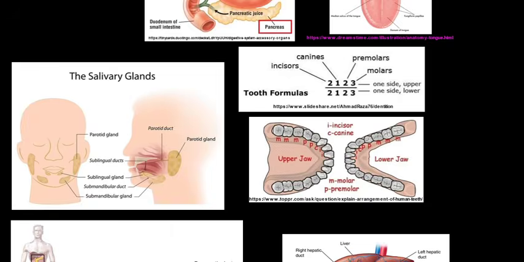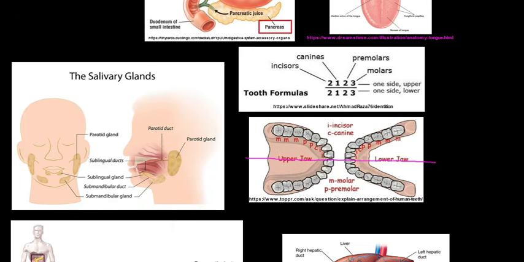Next, we'll look at teeth. There's actually a formula that you need to know with regards to teeth, and that's just how the jaw is broken down. So you have the upper jaw and then the lower jaw, and the teeth formula is for 1/2 of the upper jaw and 1/2 of the lower jaw, because you'll know that the other half also has the same amount.